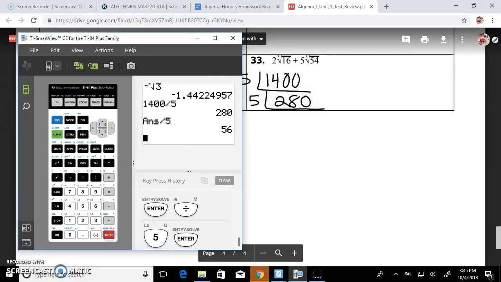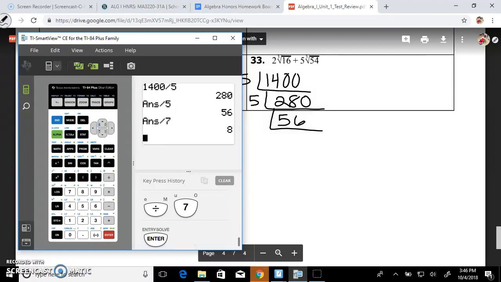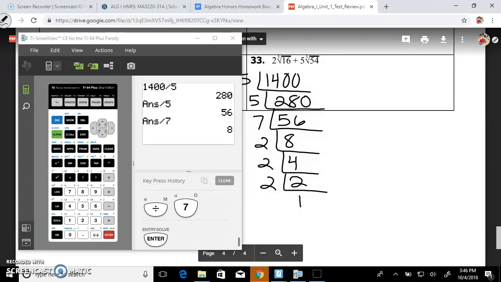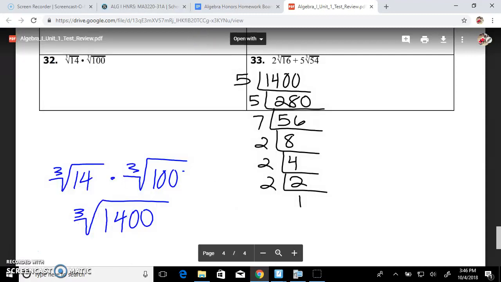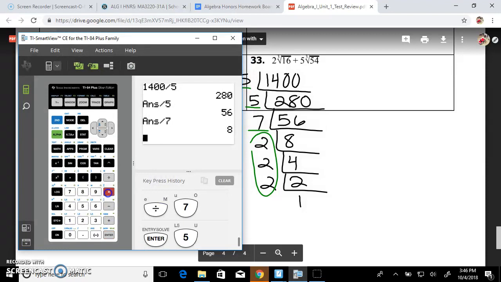And 5 is a larger prime number than 2, so I'm going to want to use that. 56 is divisible by 7. So let's do that. And then I've got to stick with my 2's. Looking for a group of 3. We've got 3 2's. So 2 cube root of 5 times 5 times 7. So 25 times 7. 5 times 5 times 7. 175.